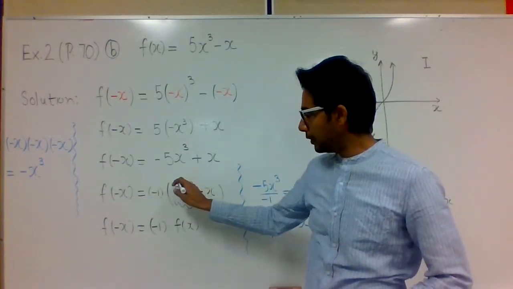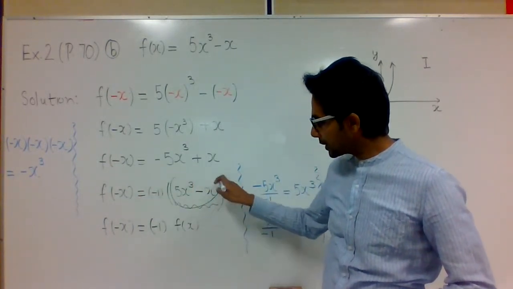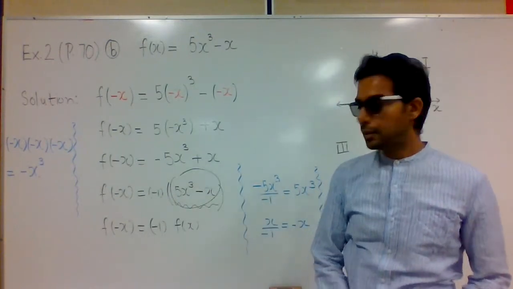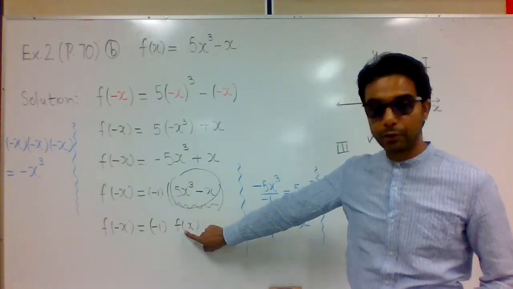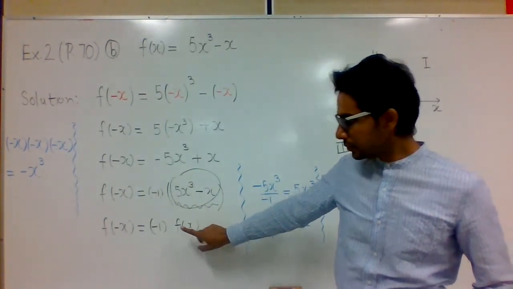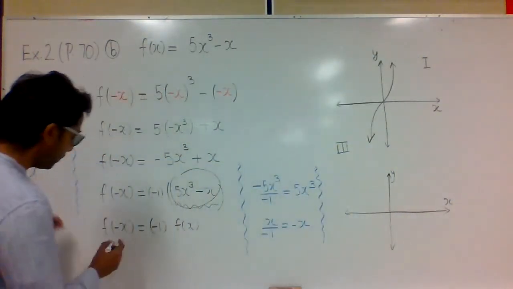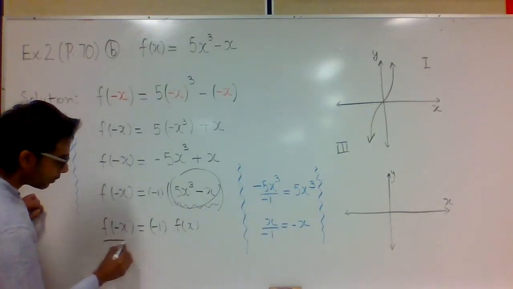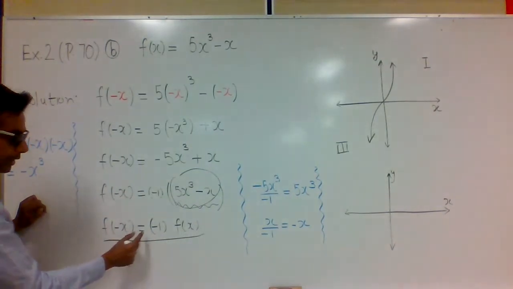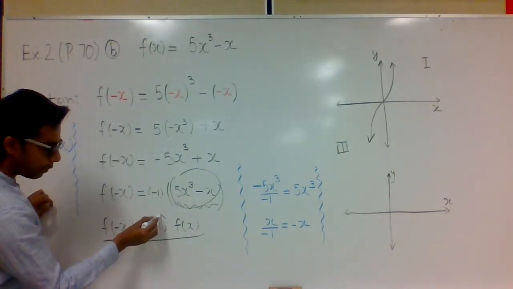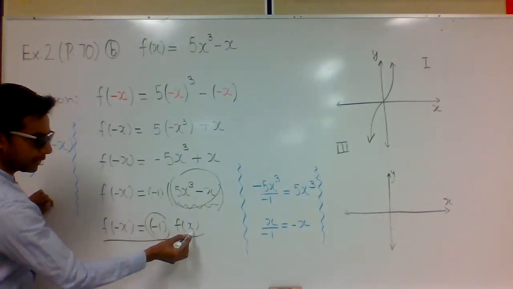So we have f of x left over there. Now we're going to replace this expression by f of x. Once we have done that, pay attention to this. What we have proved is that f of negative x equals negative 1 multiplied by f(x).